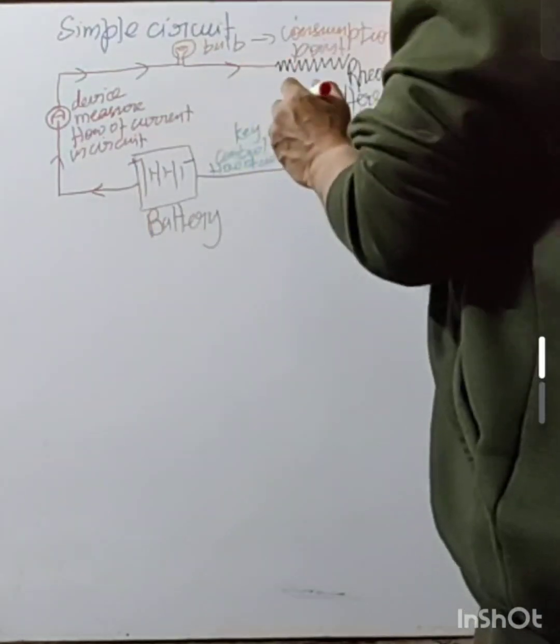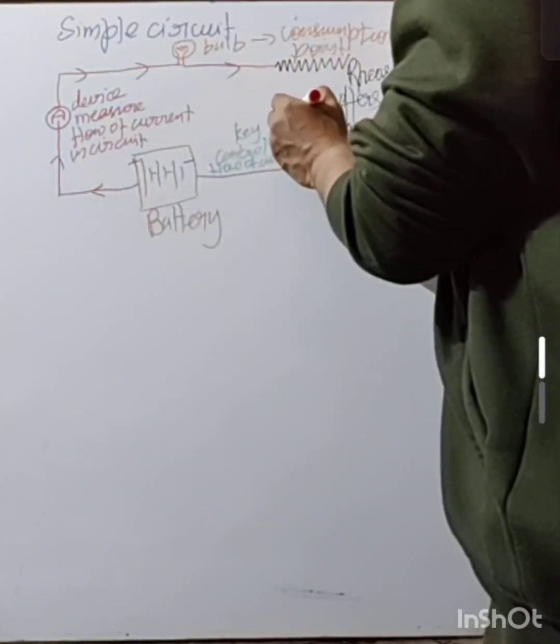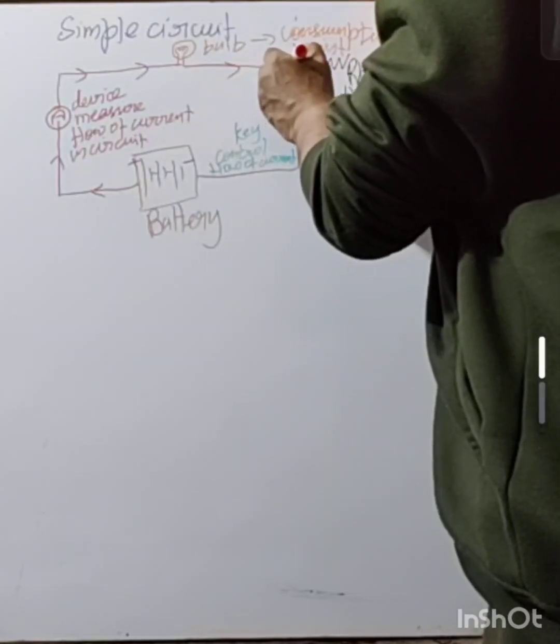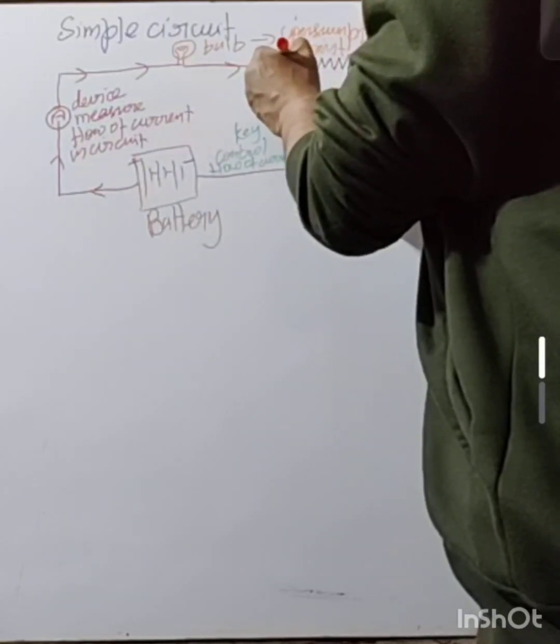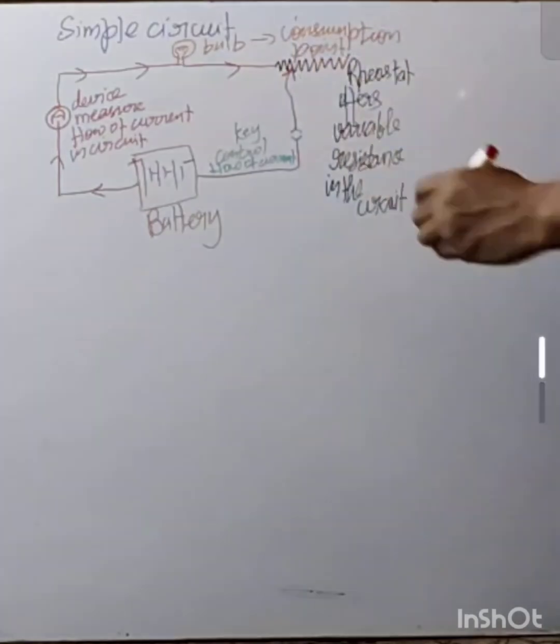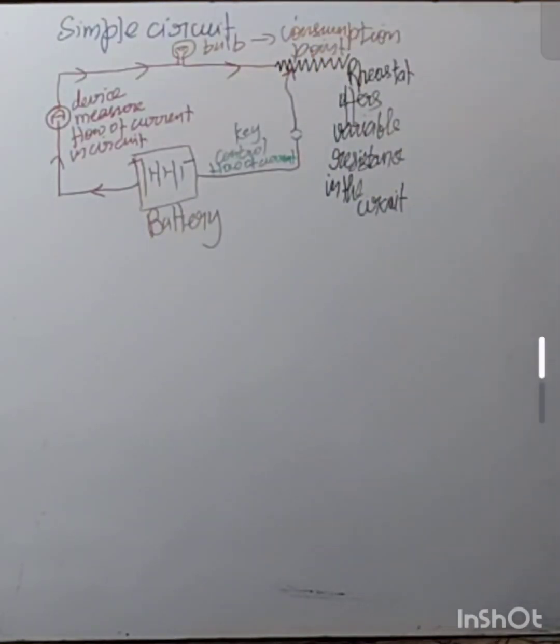And it is attached with the rheostat. Suppose here, so minimum resistance is there, right?